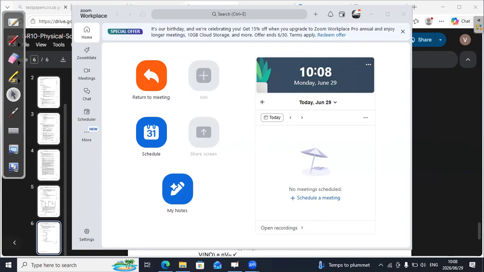So we are going to start with term 3 work. For term 3, I want to introduce 3 new concepts today that we're going to do in term 3.